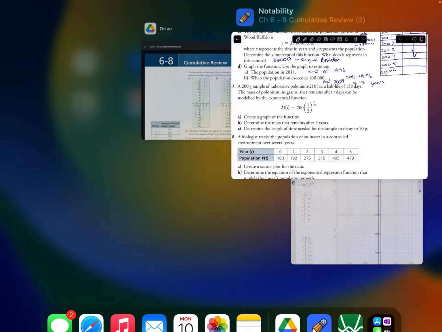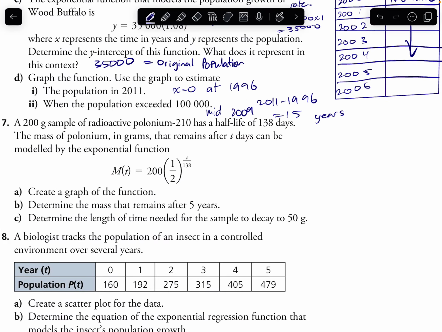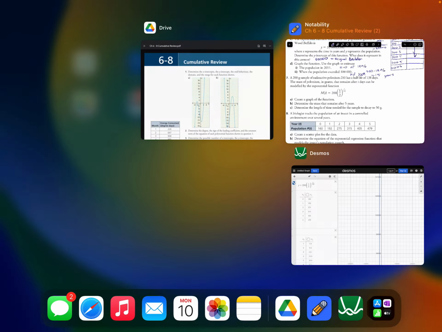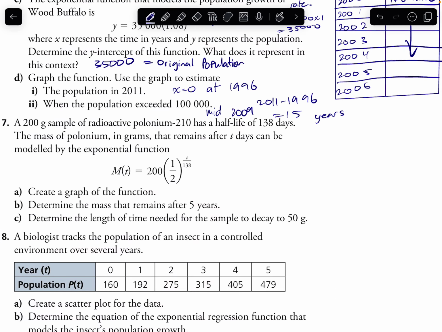Determine the mass that remains after 5 years. So it's T days, right? So after 5 years, it's 5 times 365, which isn't technically true because you have leap years every 4 years, but 1825.